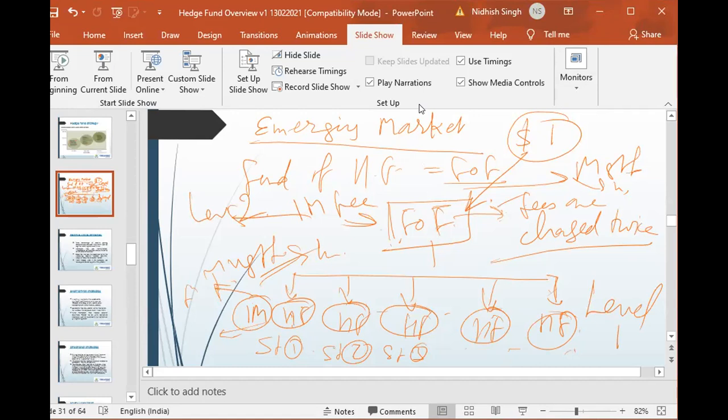Exactly. Just like any hedge fund also charges for themselves. Correct. So $1 is facing so many fees, which reduces its performance and increases the operating expenses. And of course, because of so many different strategies being pursued, it becomes the average return of all the funds as well. So this is well diversified, no doubt, less risky, no doubt, but it is the average performance of all the funds with high operating expenses.